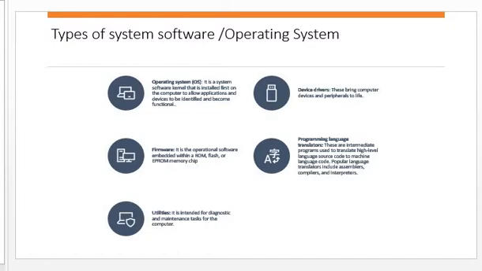For example, let's take a mouse. For a mouse to function properly, it needs to have drivers that are compatible with the software that is installed on that computer. A very good example of this, where you see the relevance or the practical use of device drivers, is when you install a device for the first time.